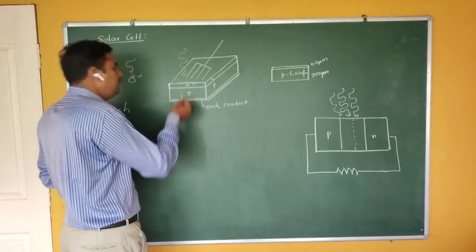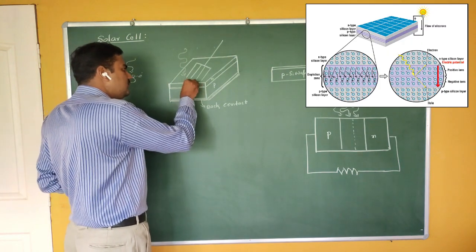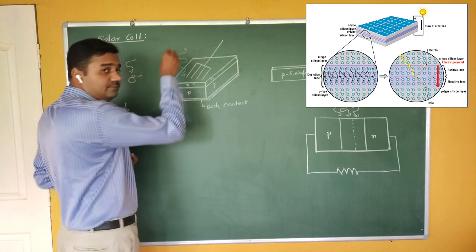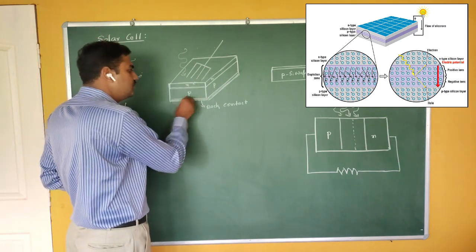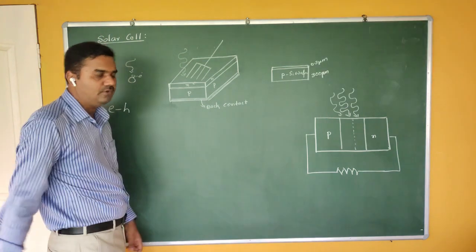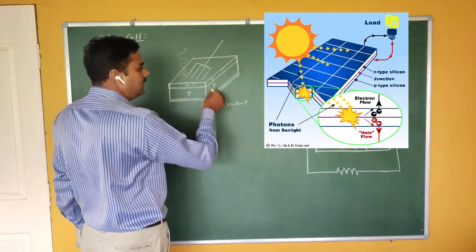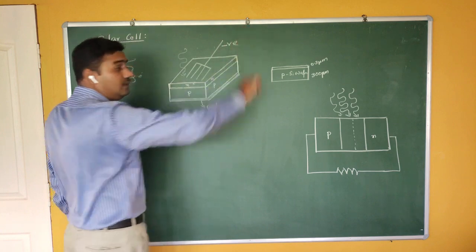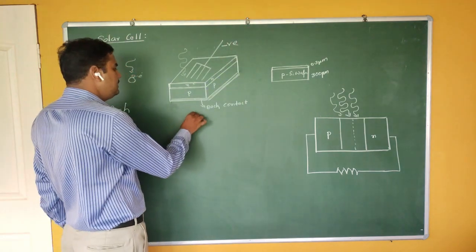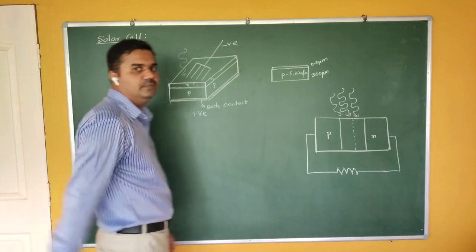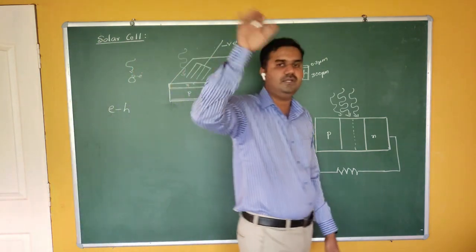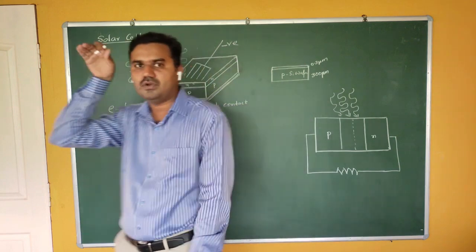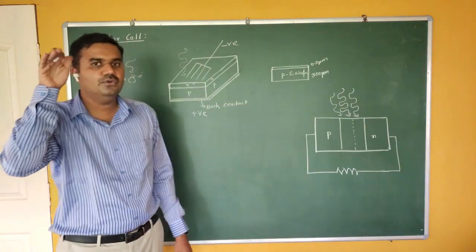Finally your electrons come to the front contact and the holes come to the back contact. Therefore your front contact becomes negative and your back contact becomes positive. Now you have a potential between the front contact and back contact.